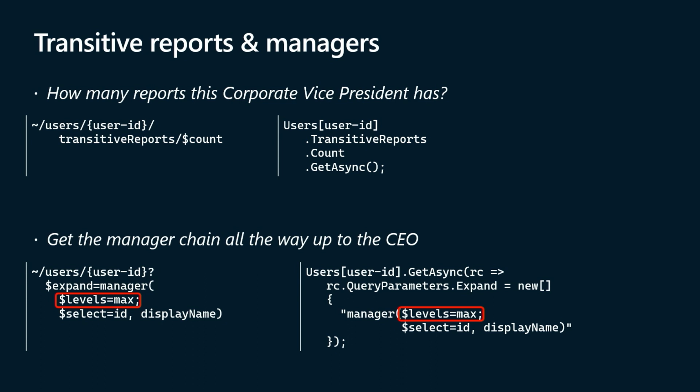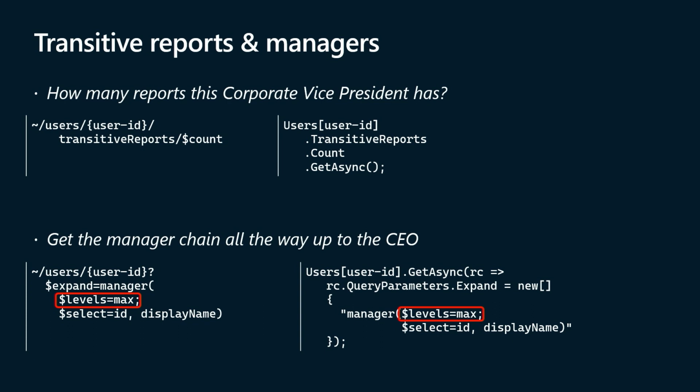And it's very different from the one before because in this case we are using expand, and we have this other parameter, $level equal max, that will tell the expand clause to expand all the way up to the root level.